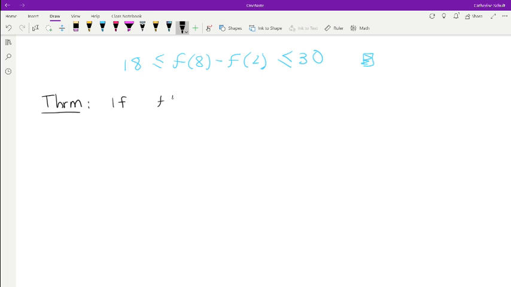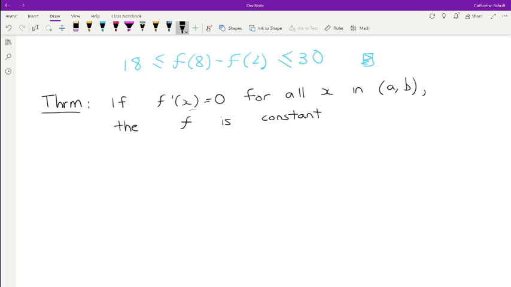If the derivative is 0 for all x in an interval, so no change over this whole interval from a to b, well, if there's no change, what does that say about the function we have? Then f is constant. That's the only time we would get no change, if we are a constant function.